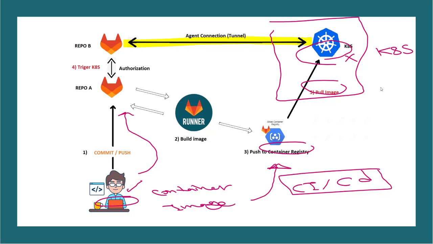In the Kubernetes cluster, how can we use this image, the image that we pushed to the GitLab container registry? So how can we use that? To answer this question and to find out how to bring up a container inside a Kubernetes cluster, it is better to give you a perspective of the Kubernetes cluster.